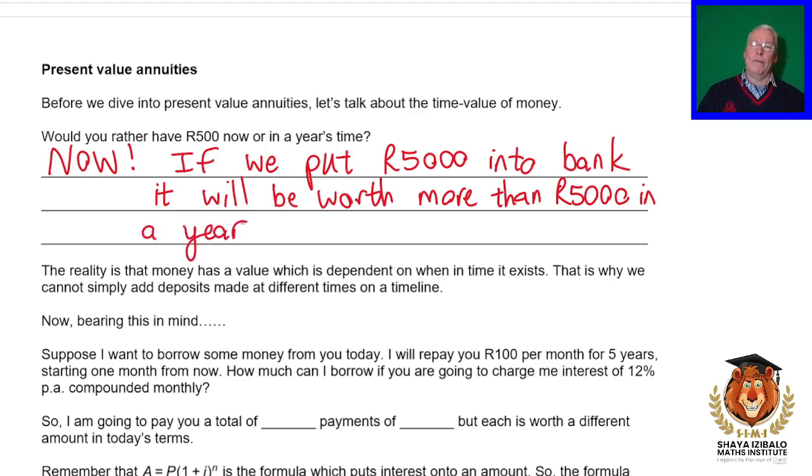That's the one reason, okay? The other reason, which is similar, is that things are getting more expensive. So 500 Rand, sorry, I said 5,000, we wish it was 5,000, it's 500. Okay, 500 Rand.